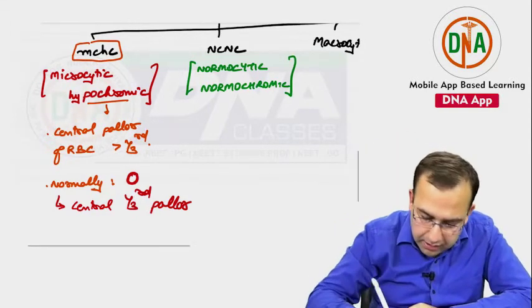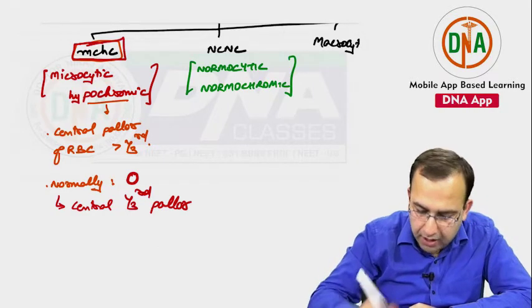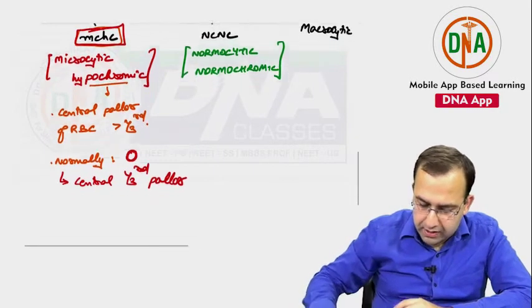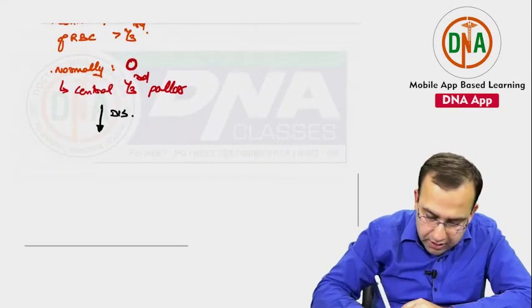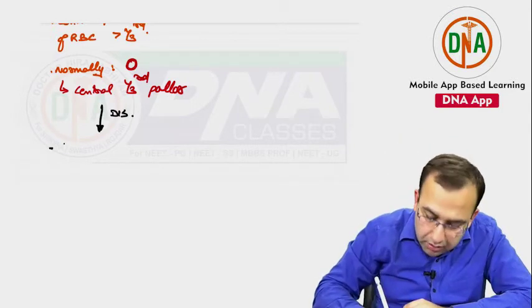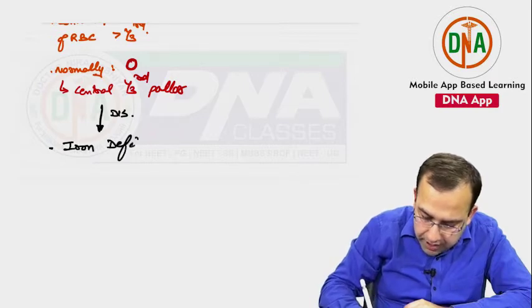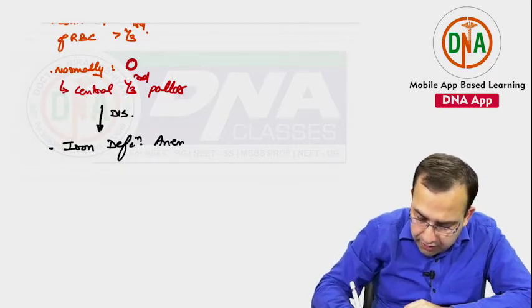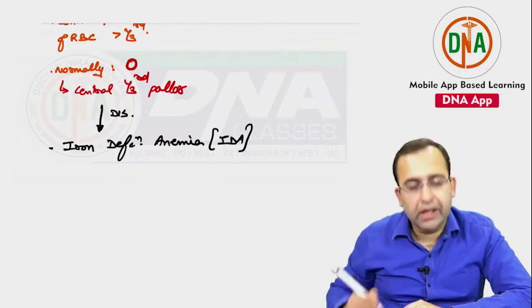First point, starting with MCHC, microcytic hypochromic RBC, the causes of MCHC, diseases associated. Which is the most common cause of microcytic hypochromic anemia? Iron deficiency anemia, IDA.